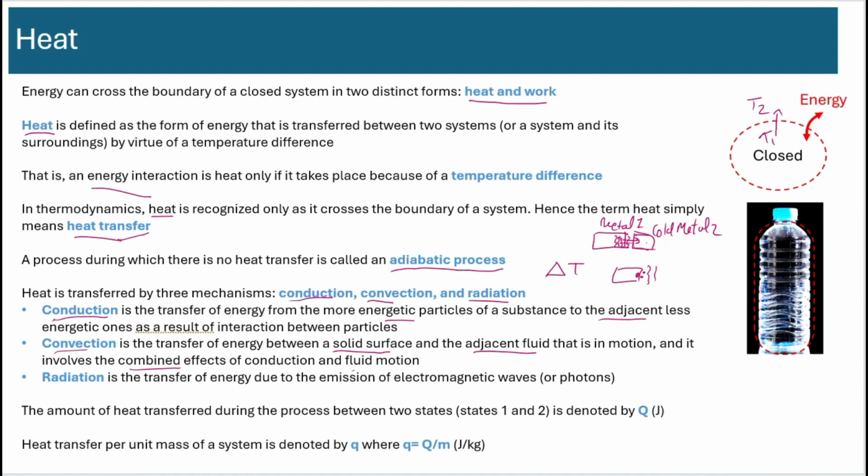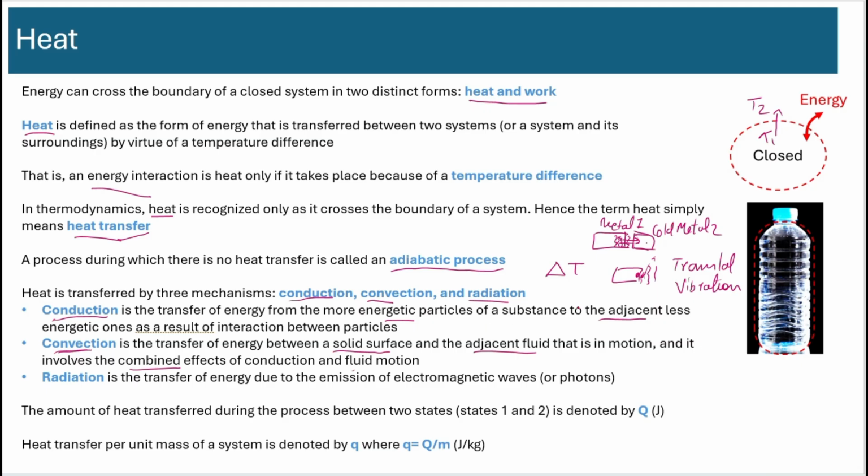The vibrating molecules touch the gas molecules adjacent to them, and then that molecule has a density difference, it moves away, and another molecule comes in. So there's motion of molecules, there's translation and vibration. When you have that kind of energy transfer, it's usually called convection.